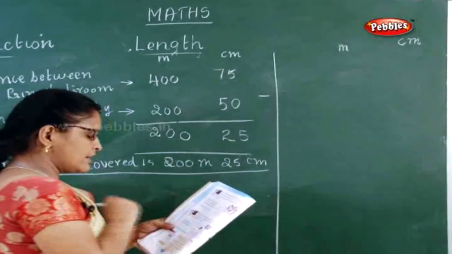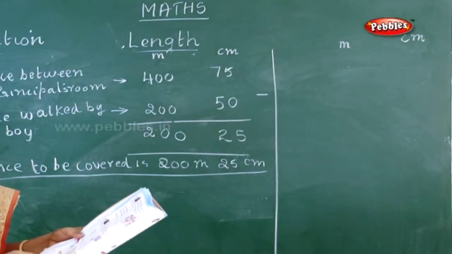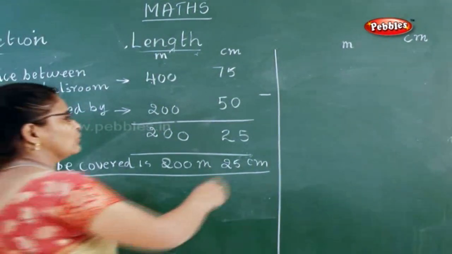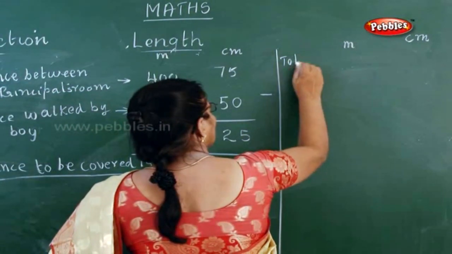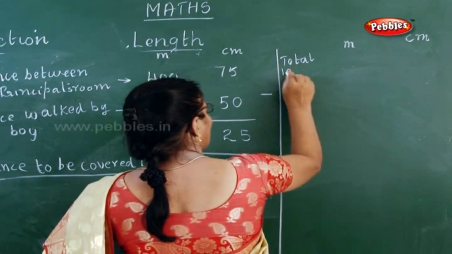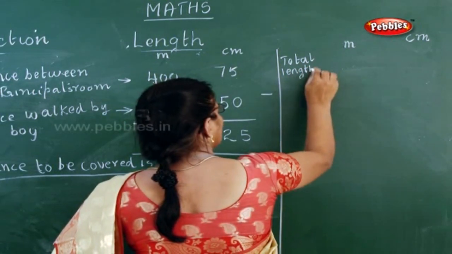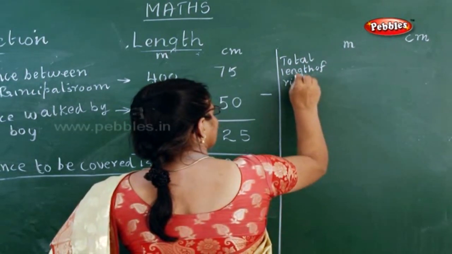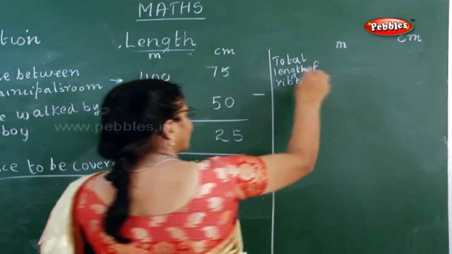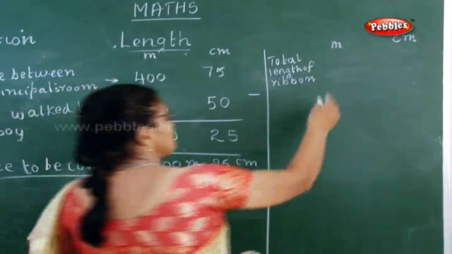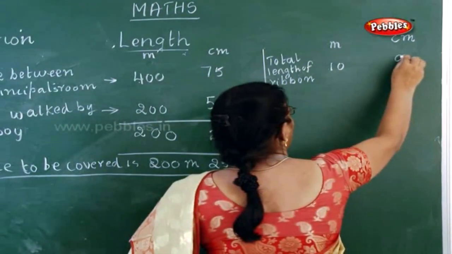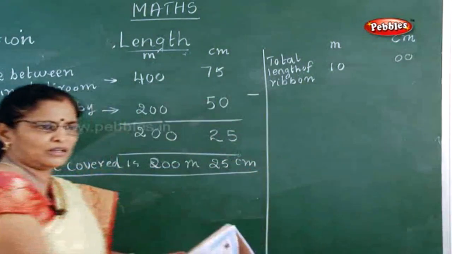Now what is the first thing given? The mother bought a roll of ribbon. So now you have to write total. Total length of the ribbon. Now what is the total length of the ribbon? It is 10 meter, no centimeter. So immediately you can put 0 centimeter. Is it clear now?